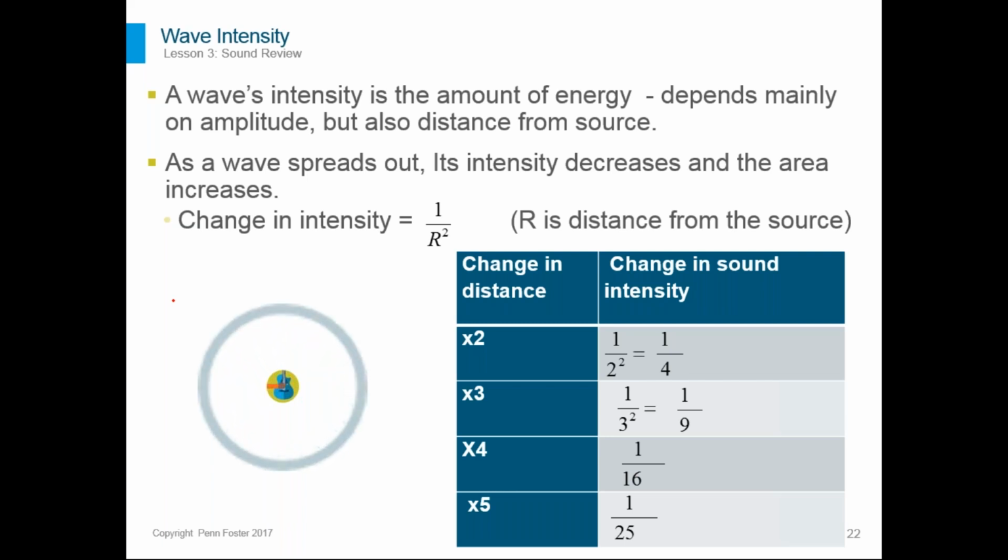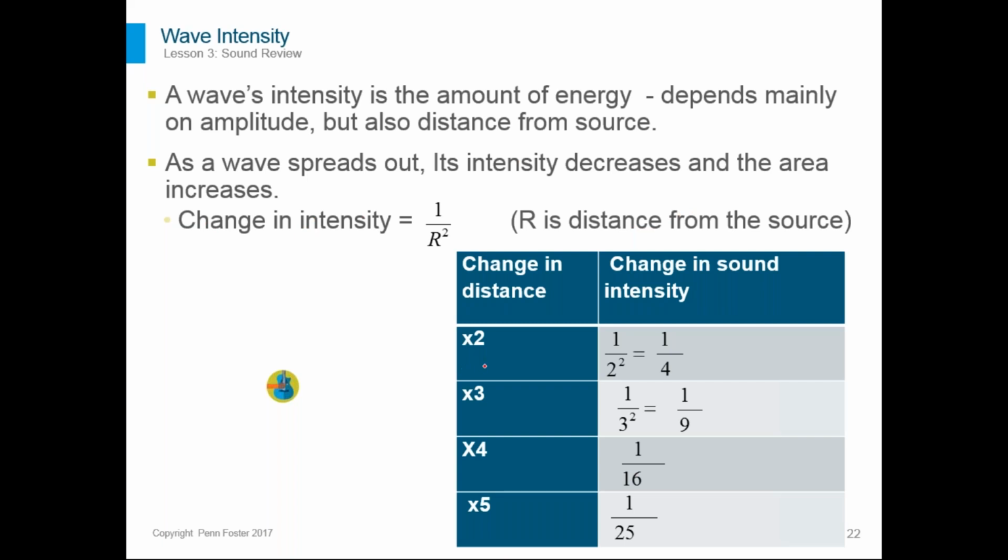And we can mathematically figure out how that changes. So your change in the intensity of a wave is this formula, 1 over the distance squared, 1/r². Okay, so r is the distance from the source of the sound. That measures how much the intensity changes. So this little chart goes through how to do that.